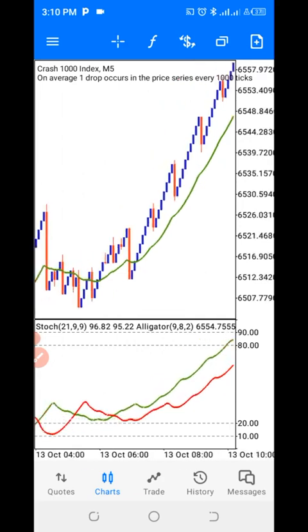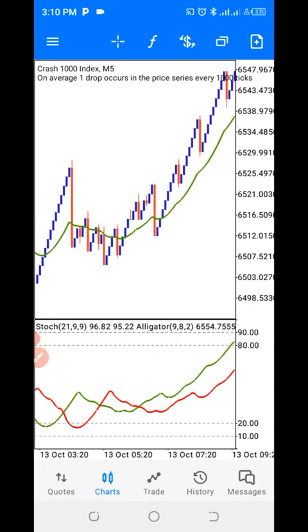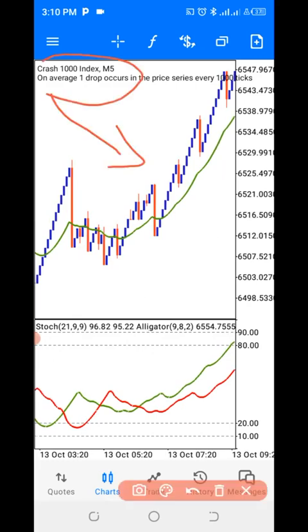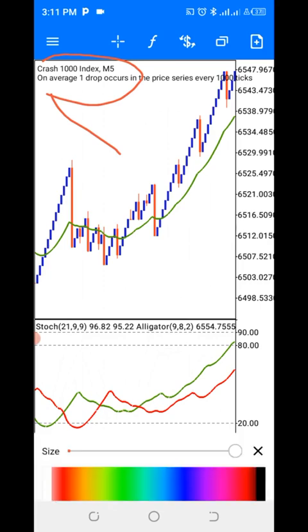So basically what we'll be doing is, you see this green moving average? This green moving average has to cross this red one upward. Let me use another color, let me use blue.